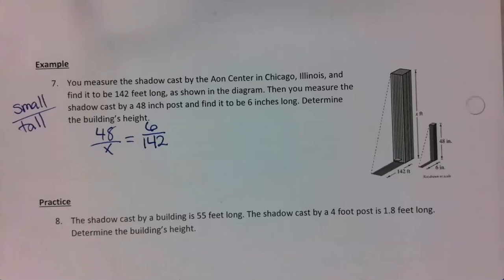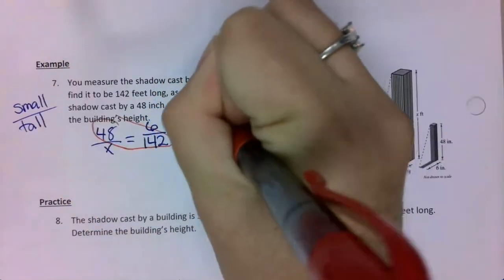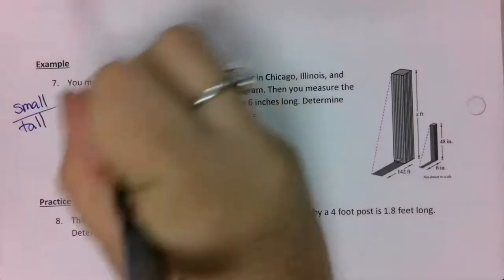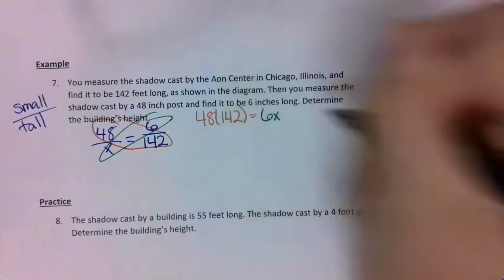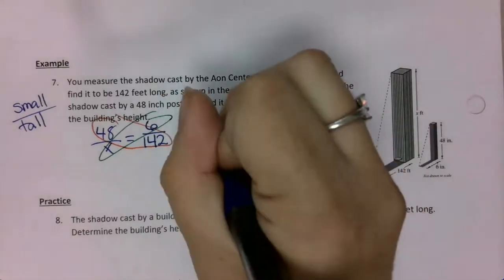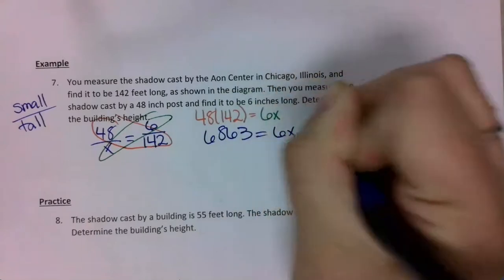Then since I have two equivalent proportions, I can cross multiply. So I'm going to take the 48 and multiply by 142. And then I'm going to take the X and multiply by the 6. So then I want to actually multiply 48 by 142. 6,816.